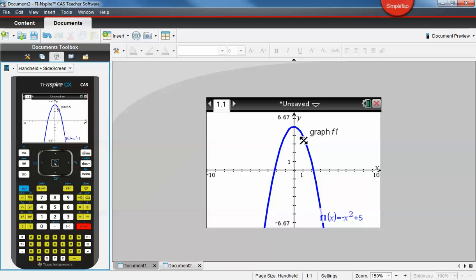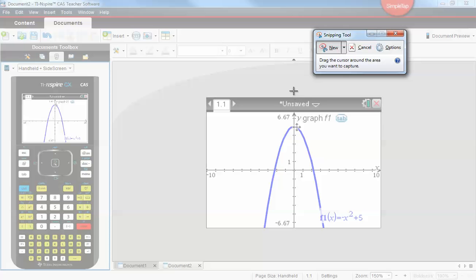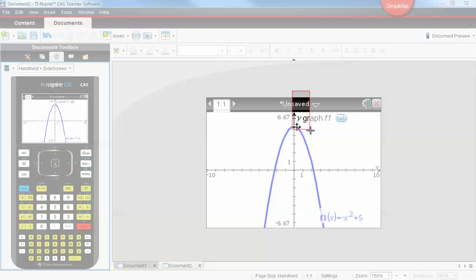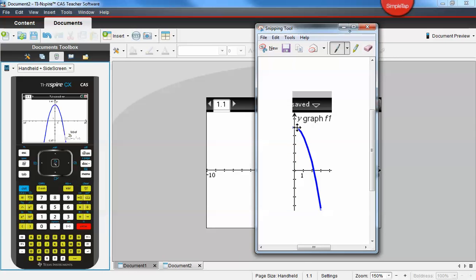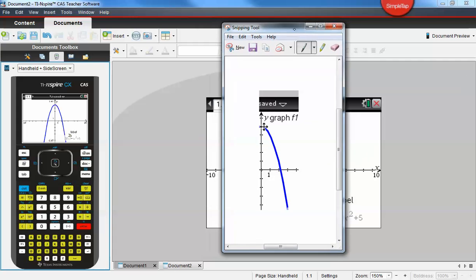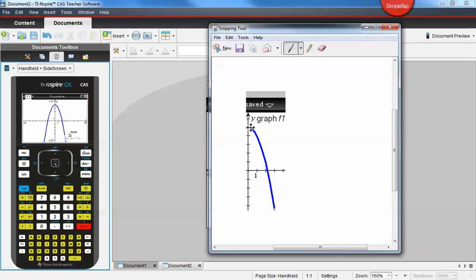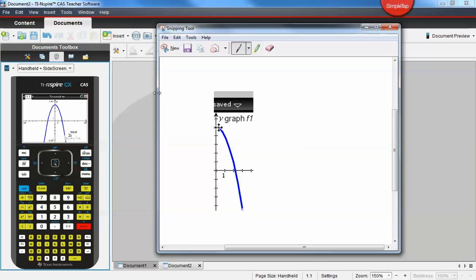If I was just to focus on the positive values, and let's say I wanted to know what the area of all of this stuff right here is.